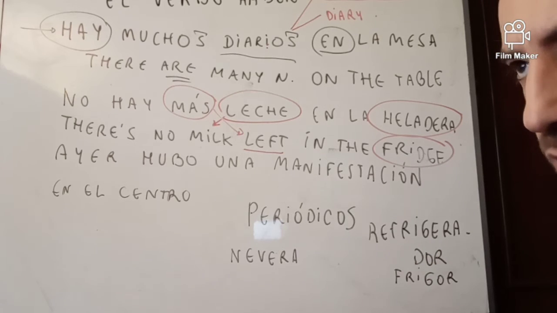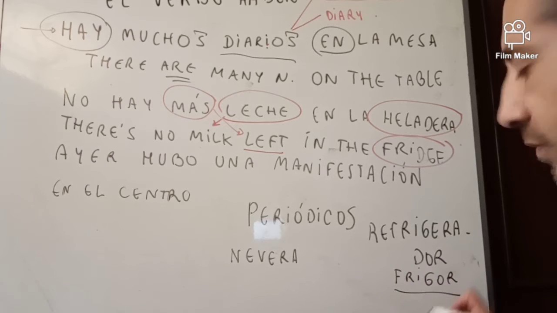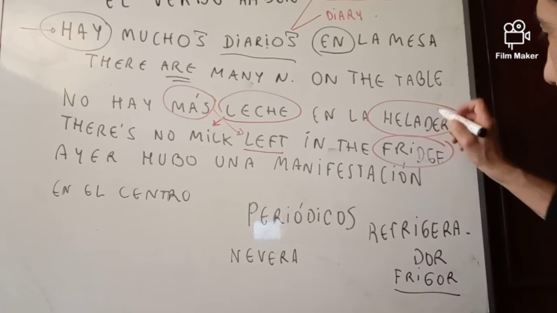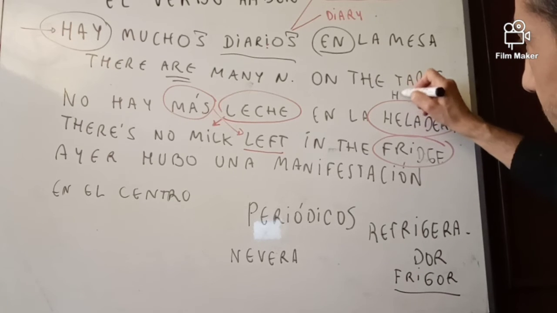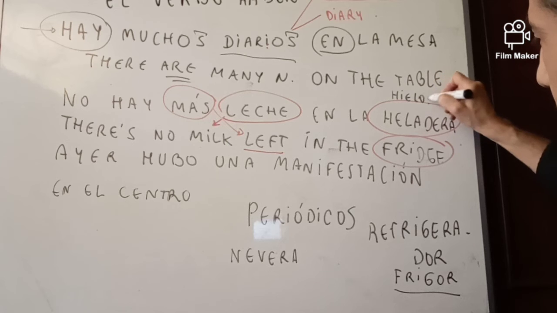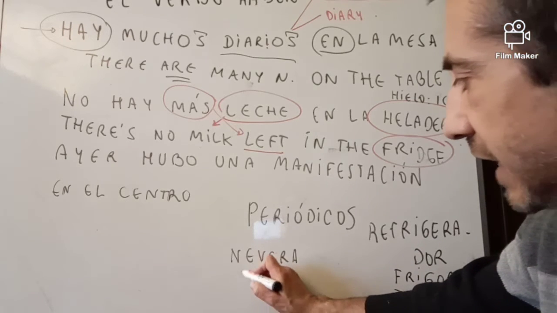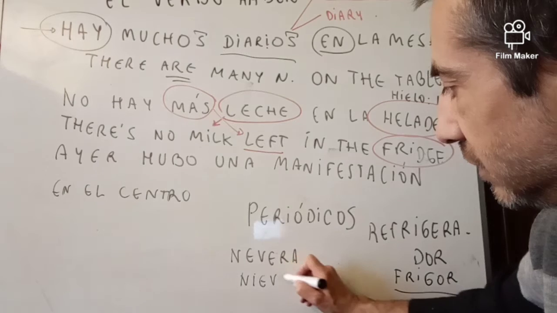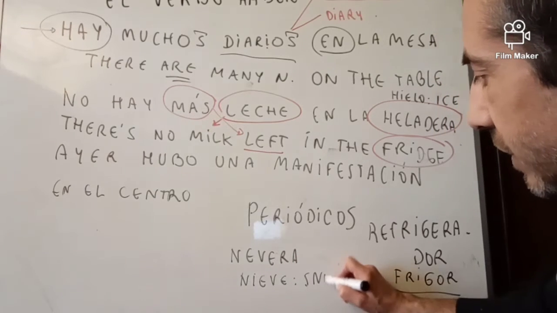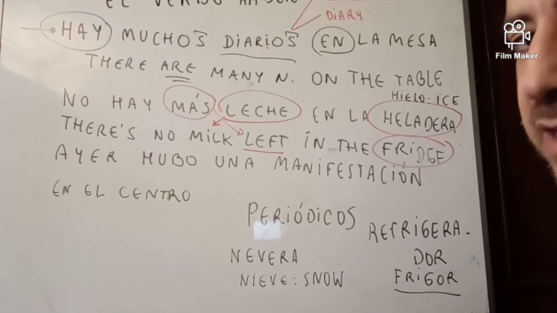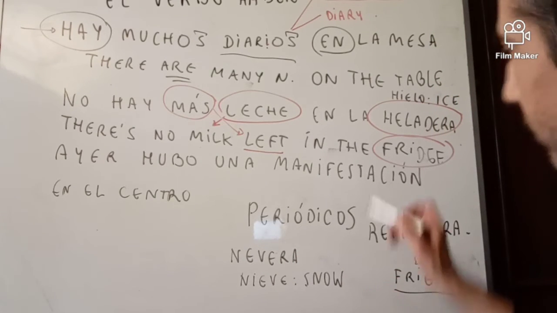Frigor means cold in Latin. Heladera comes from hielo, that means ice. And nevera in Spain comes from nieve, that means snow. So semantically they are the same.